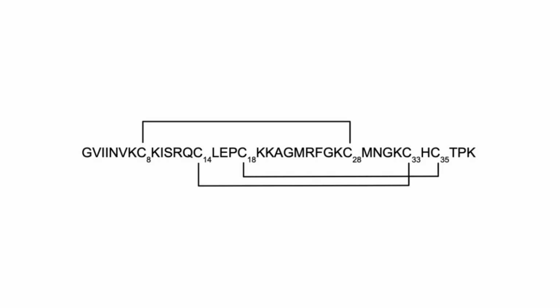But what we find, and what was found by people who previously synthesized it, is that there are many different ways, because looking at the primary structure again, C8 doesn't have to bind to C28.